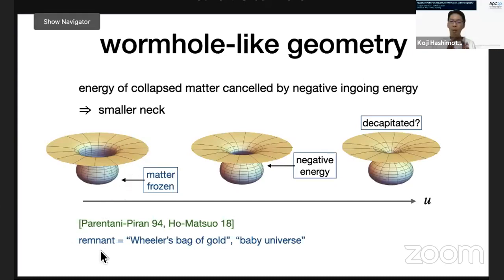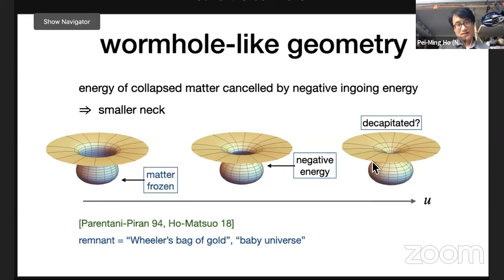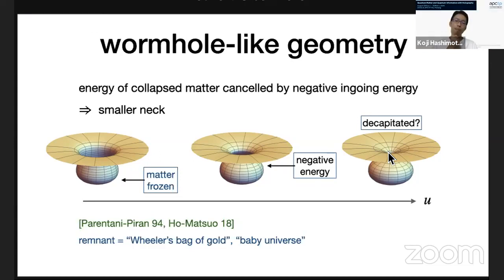So if I follow this argument, does it mean that information loss is not a problem, since there is a baby universe and information should be stored there? That's what some people think, but for the holographic principle, you don't really like this, right? Because the entropy inside could then be arbitrarily large, but you have a tiny horizon area.